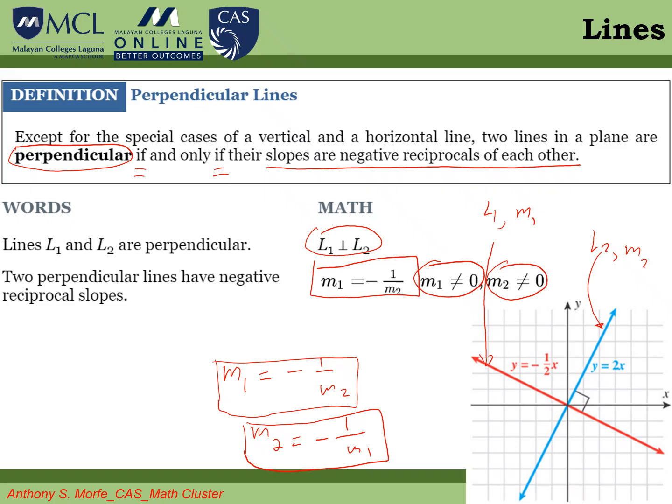Why? Because if M2 is 0, we have negative 1 over 0. Any number divided by 0 is undefined. Right? Undefined. So it should not be equal to 0.